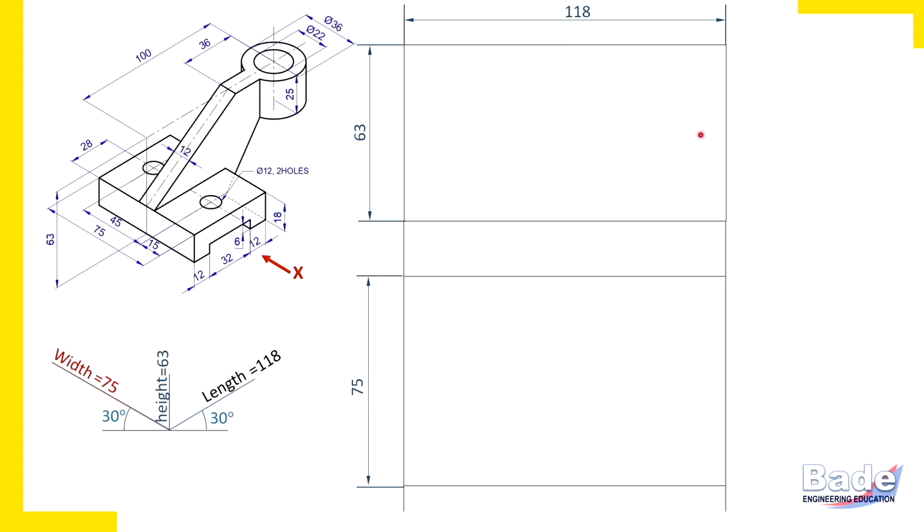Also right side and left side are not similar, so there will be no axis of symmetry here. But in the top view, right side and left side of the object are not similar, so there must not be any axis of symmetry here vertically. But this is the front side, this is the back side, and front and back are similar, so there must be an axis of symmetry here. If the object is a symmetrical object, then draw the axis of symmetry properly.